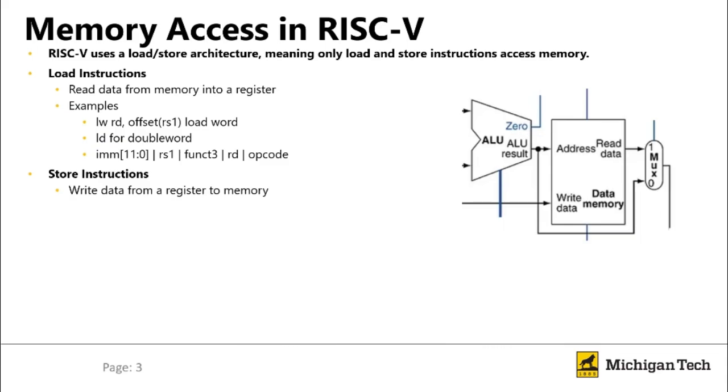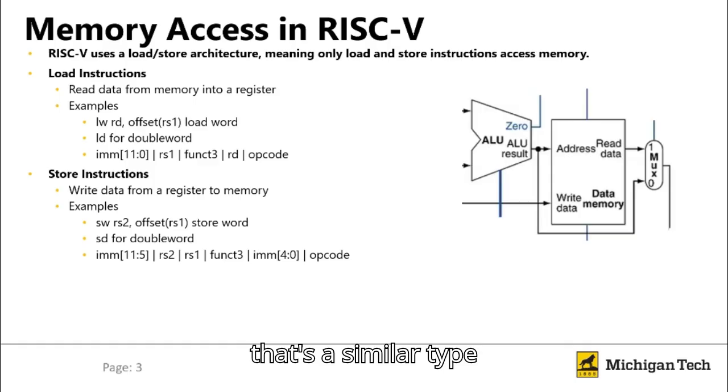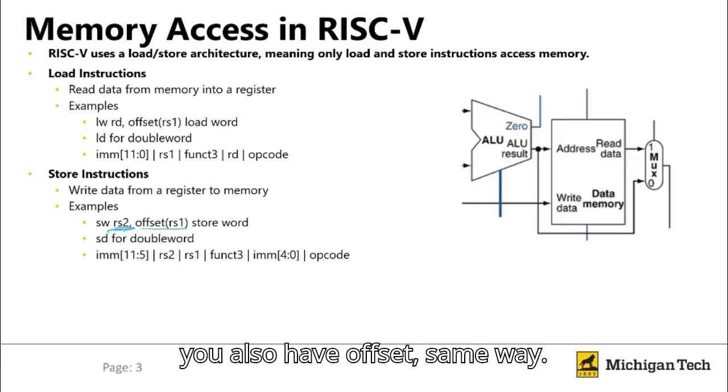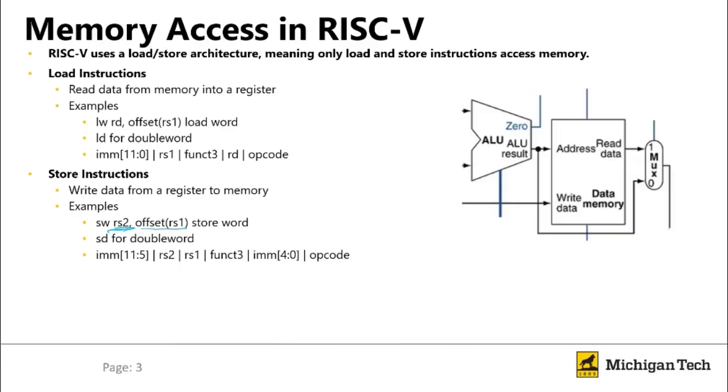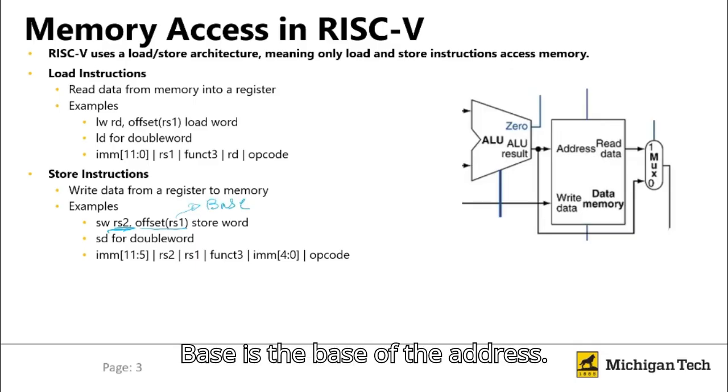So that's a similar type of instruction. Still you have a register here. In load it is the destination, here it is the source. And you also have an offset, the same way, and a base. Base is the base of the address.